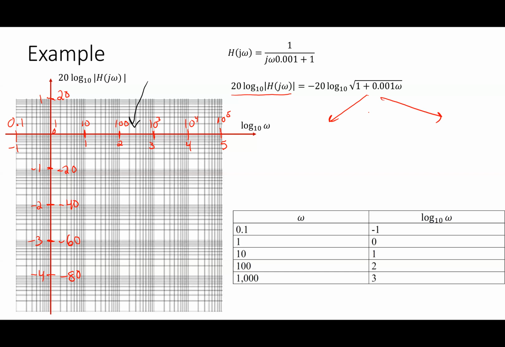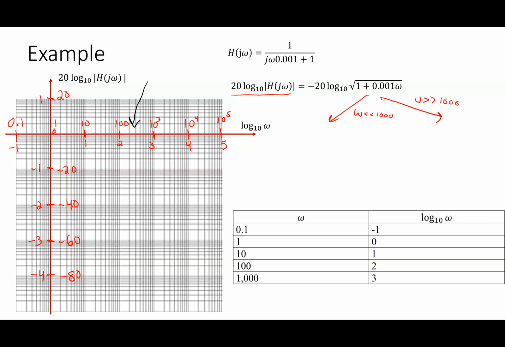What was our definition of low frequencies? Omega much, much less than 1 over tau p. What is that here? Omega much, much less than what? Yeah, 1 over 0.001. So omega much, much less than 1,000, and omega much, much greater than 1,000.